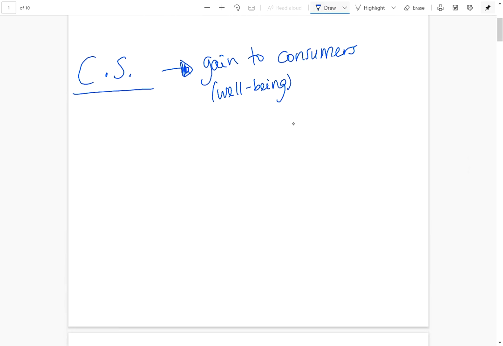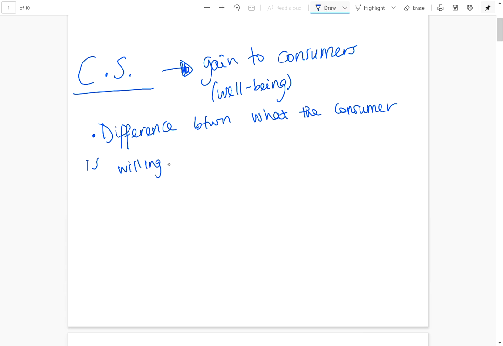Now, the consumer surplus shows us the difference. This is the difference between what the consumer is willing and able to pay. You should remember this phrase from your principles of econ.